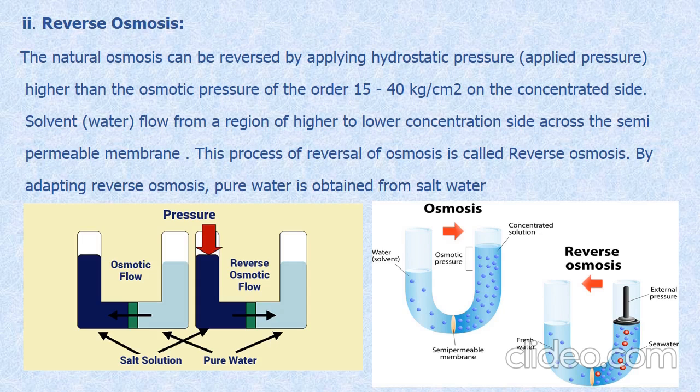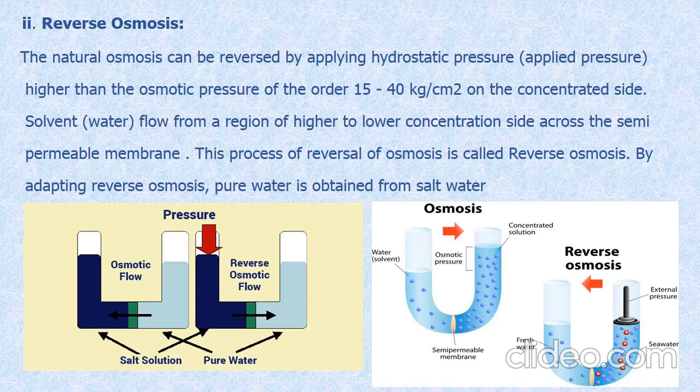This could be achieved by applying a pressure greater than the osmotic pressure on the higher concentration side, so that we will be able to push the water from the higher concentration side to the lower concentration side through the semi-permeable membrane. So this is called reverse osmosis.